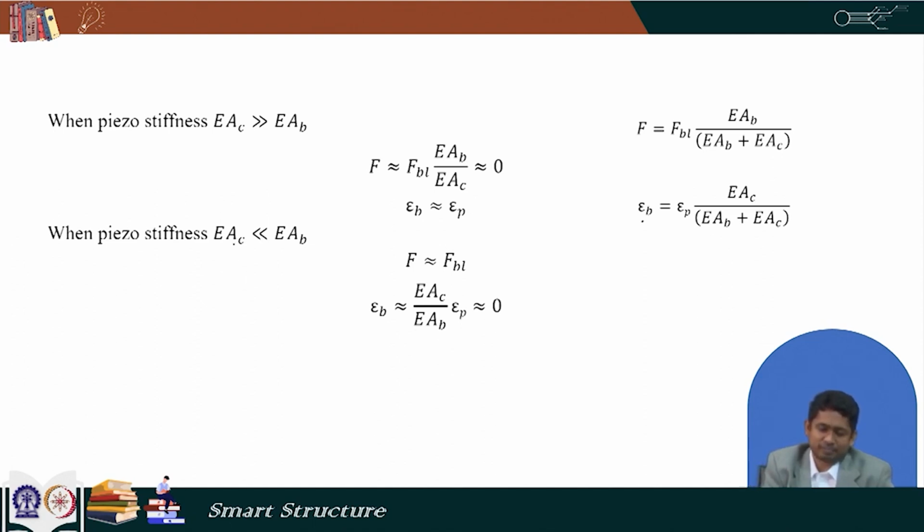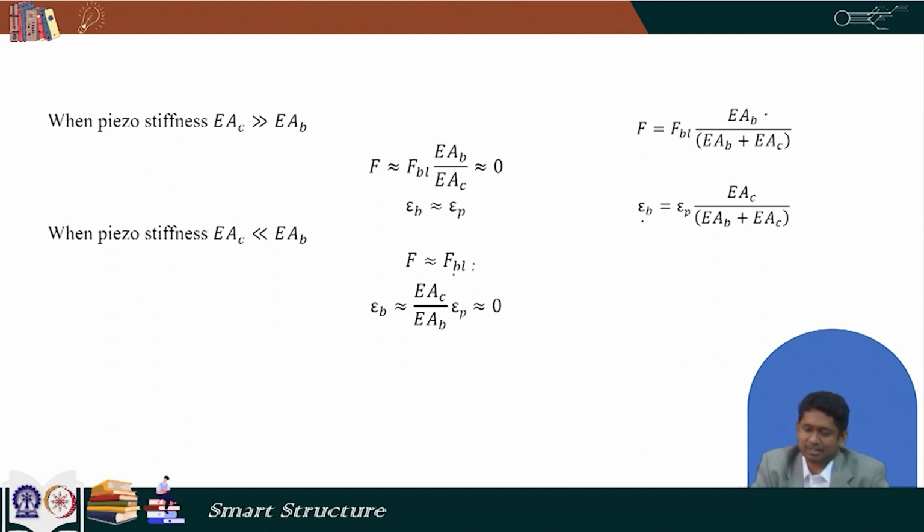In the reverse case, when the piezo stiffness is much less than the beam stiffness, it experiences quite a bit of obstruction by the beam. So, the force is equal to the block force. Again, if we put the condition that EAB is much higher than EAC, this becomes 1, then F becomes FBL. So, that is what we see here.